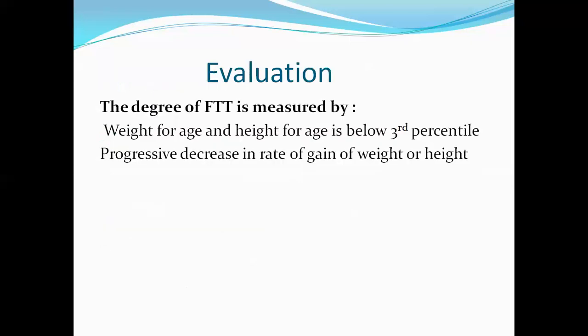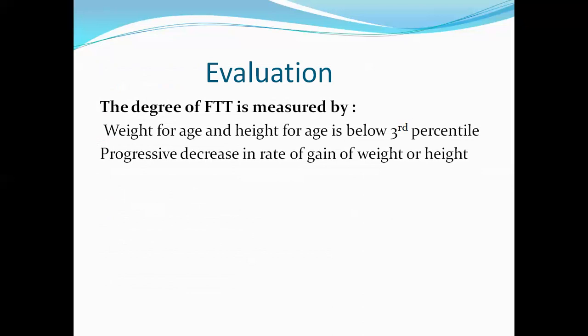Evaluation. The degree of failure to thrive is measured by weight for age and height for age below third percentile. It means the baby is quite severely malnourished. Second is progressive decrease in rate of gain of weight or height.